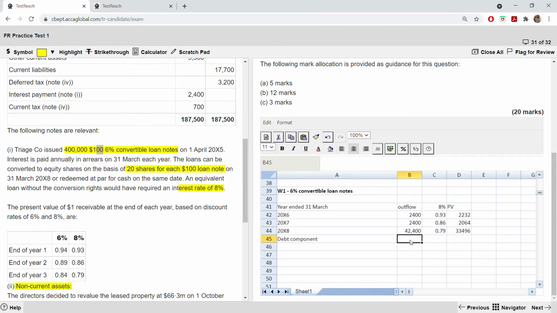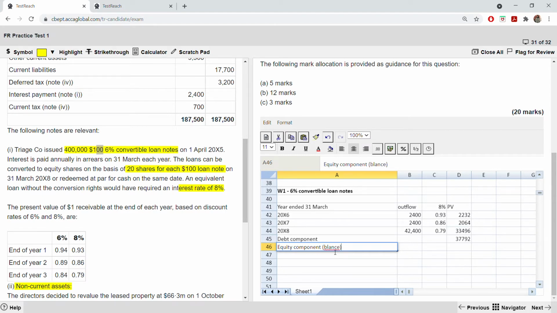So debt component is the total of this. Okay, once you want to find, just use the sum function. That's it. Next, the equity component is the balance.